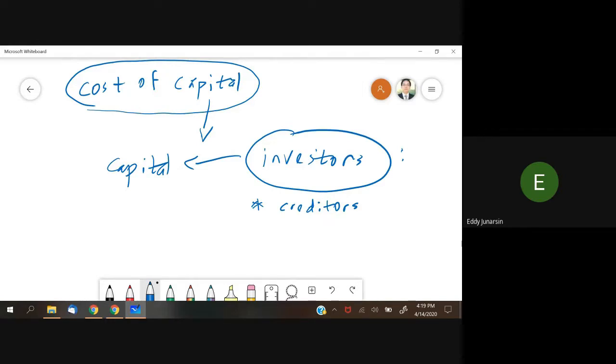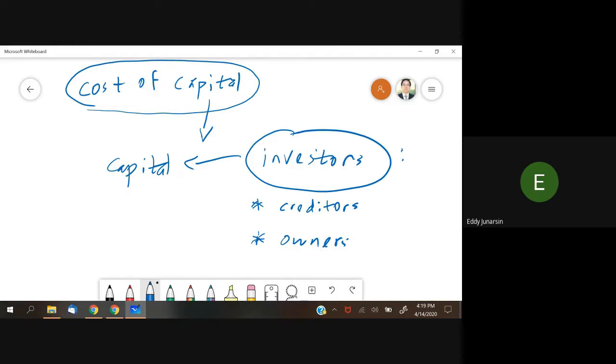We could issue bonds and sell them to our bondholders. We could issue commercial papers and sell them to our creditors. We can borrow money from third parties, maybe from parent companies, from sister companies, and so forth. So our creditors.